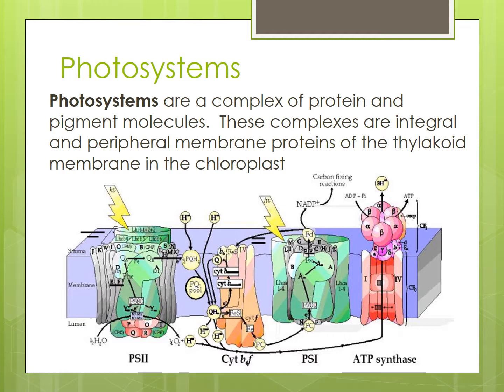The photosystems are proteins and pigments working together in the membrane of the thylakoid in order to create an electrochemical gradient that powers ATP synthase. I'm going to go through the photosystems very quickly. Then I'm going to go through it step by step. Then I'm going to go through it again. The photosystems are complex, and I'll tell you, you will have an essay on them.